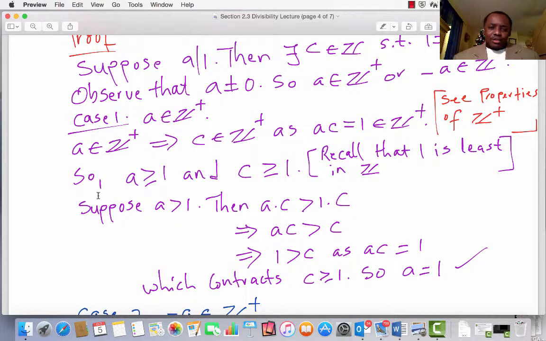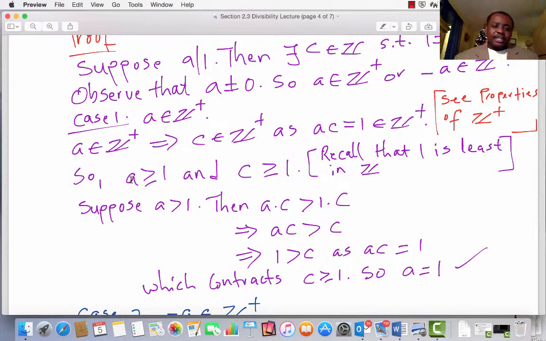So what does that mean? Remember that 1, the number 1, is the least positive integer. If a is an integer, c is an integer, and they are all positive integers, then a has to be greater than or equal to 1, and, not or, c is also greater than or equal to 1. a has two options here.